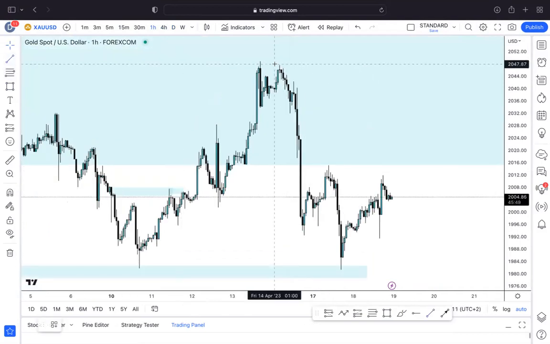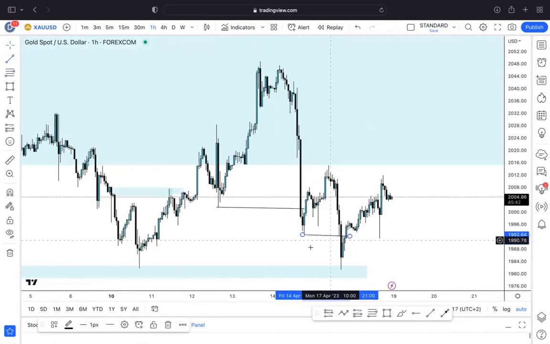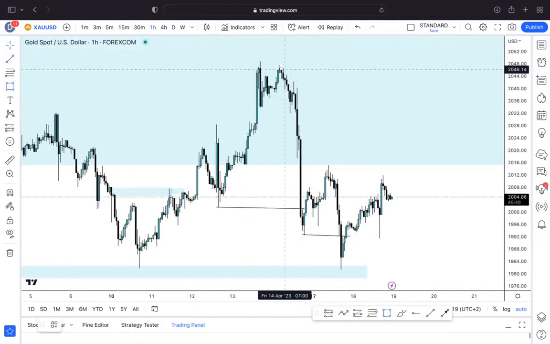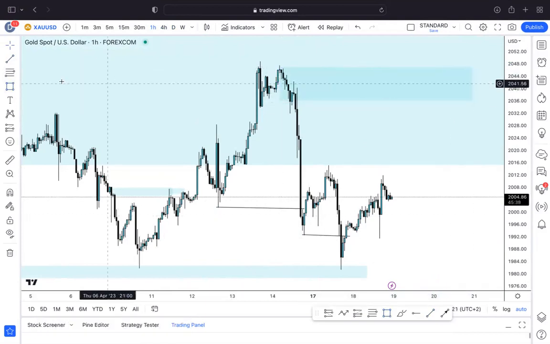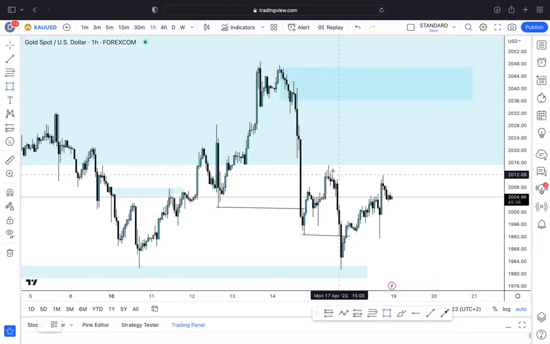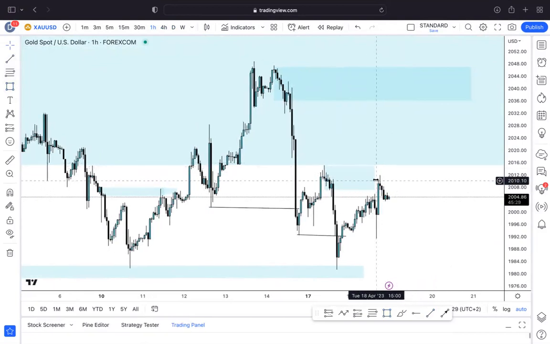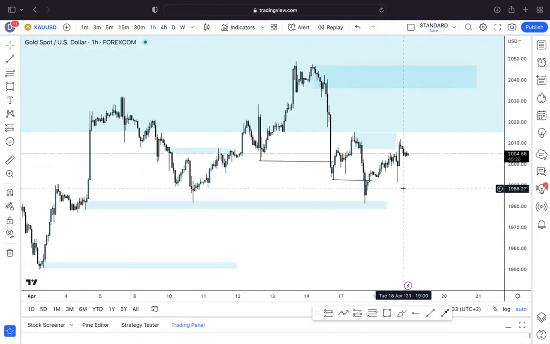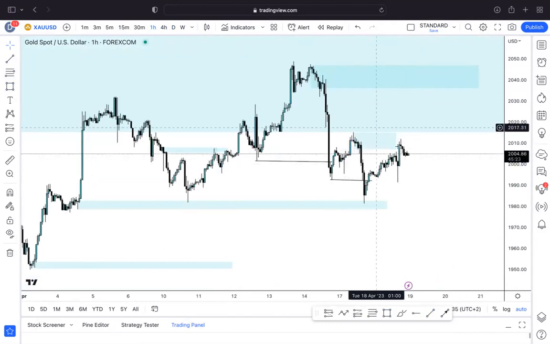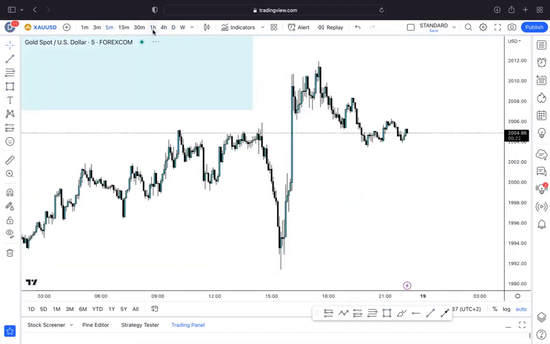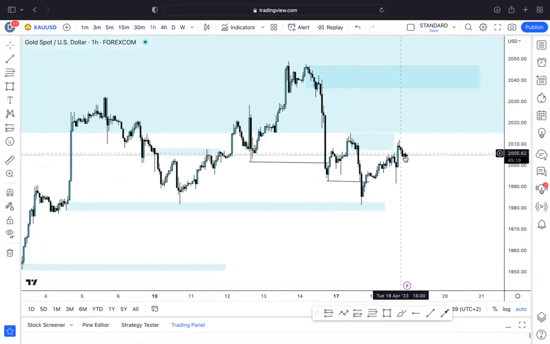So you have high, break of structure, impulsive, impulsive, and then you have these zones here which will have to be tested. You're also currently in this confirmation order block. So I don't think that's going to hold very well due to all this imbalance above.